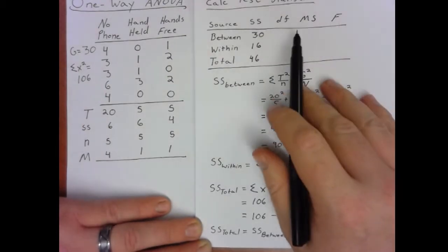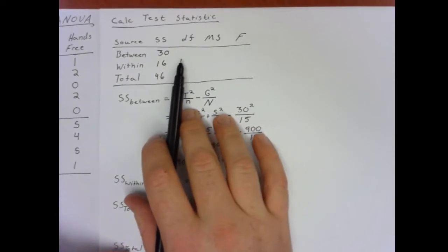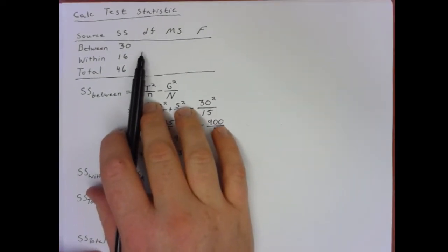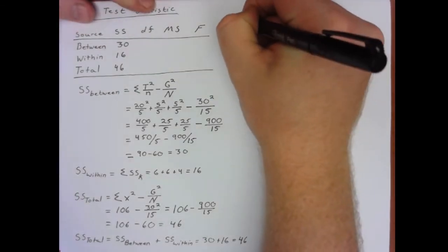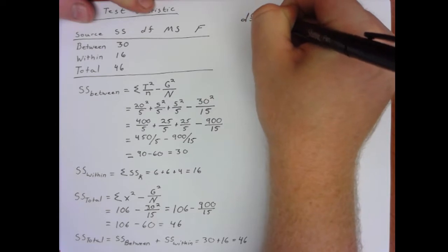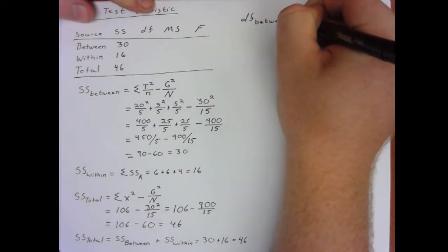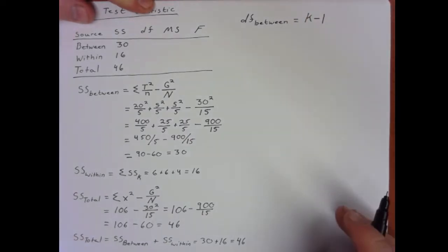Now, the next thing we need to calculate is our degrees of freedom. Now, we've already done that previously, but I'm going to do it again here just for the sake of giving us the practice. So the degrees of freedom between is going to be the number of conditions that we have minus 1.